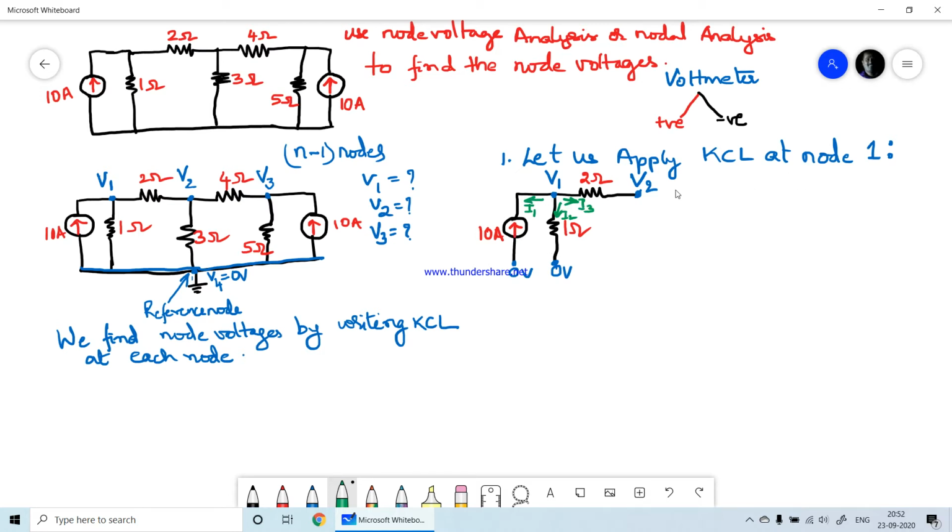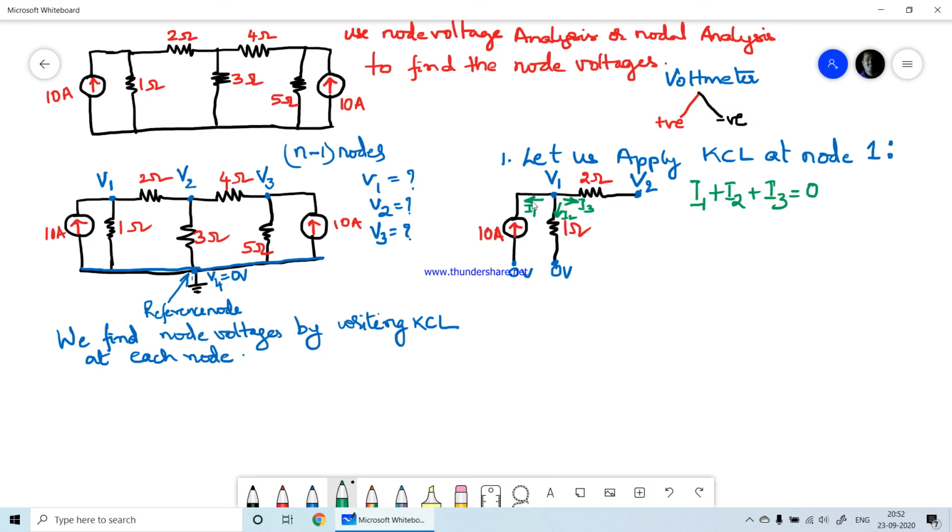So if I write the KCL for node V1, I will write I1 plus I2 plus I3 equals 0. Now what is I1? If you see the diagram, I1 is nothing but 10 amps.